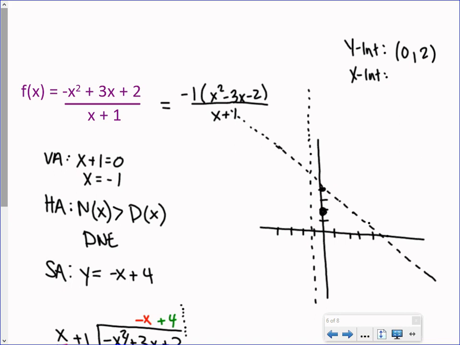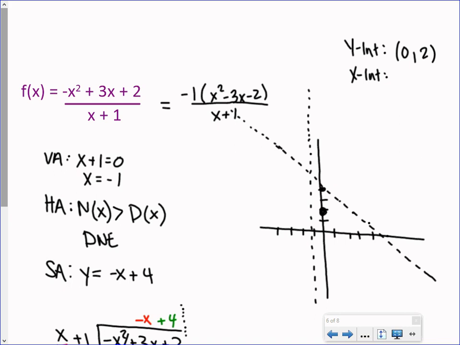For the x-intercept, remember my shortcut is to set my numerator equal to 0, but we decided that we couldn't factor that. That doesn't mean that there aren't x-intercepts. There could be places where it crosses the x-axis, but in order to find them, I would have to do the quadratic formula.